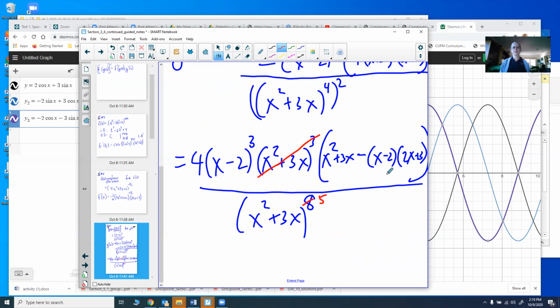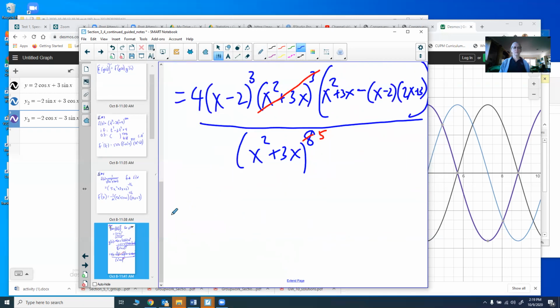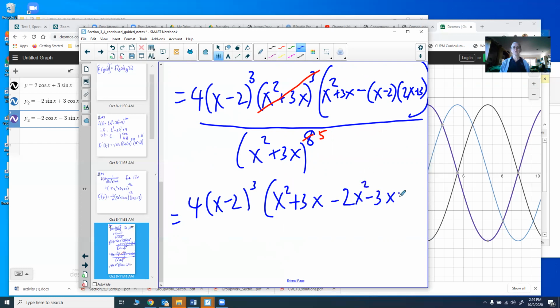Go ahead and multiply this other one out. I would not multiply out the bottom, but we get 4 times x minus 2 cubed, x squared plus 3x, minus, we're going to have 2x squared minus 3x plus 4x plus 6.